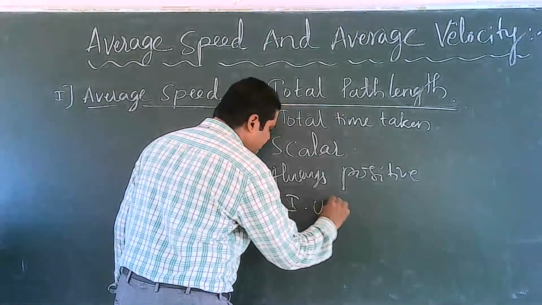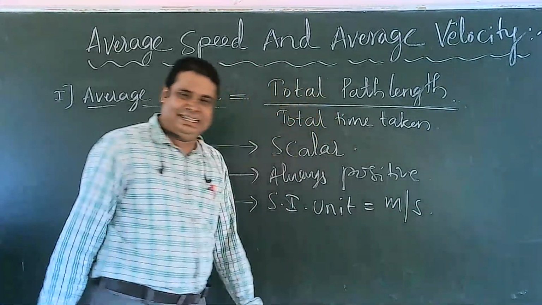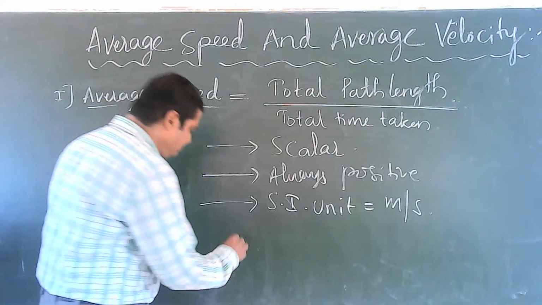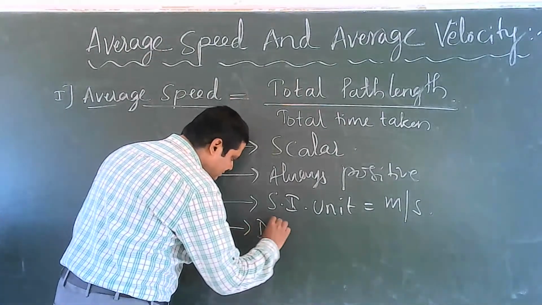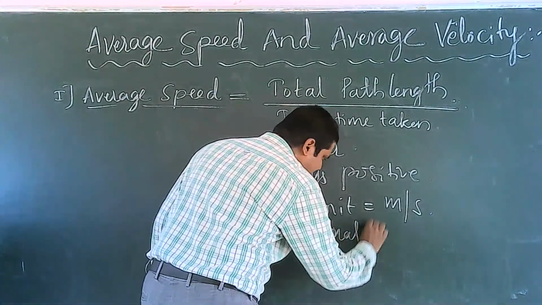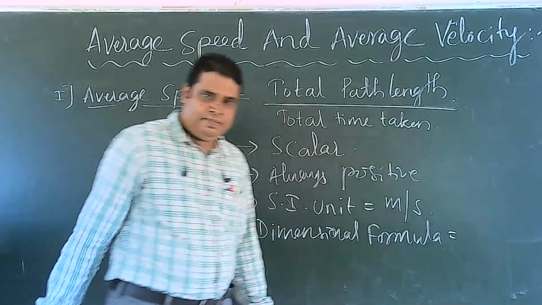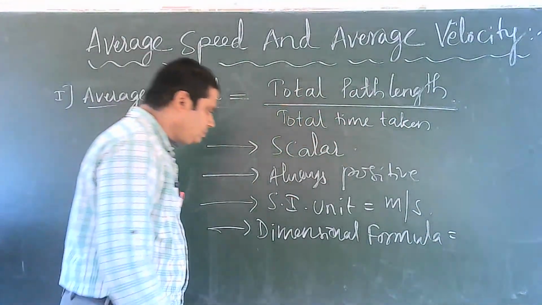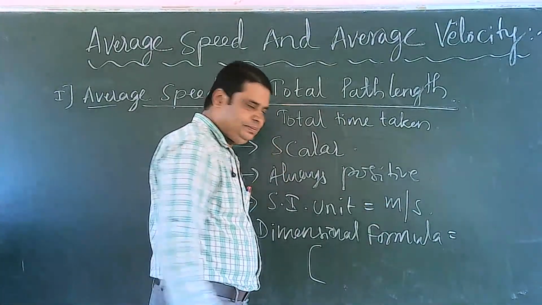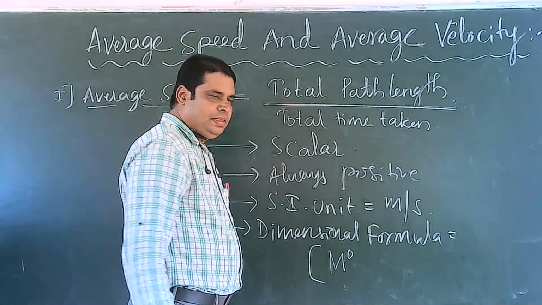SI unit, we have discussed it earlier: meter per second. What is the dimension formula? Interesting. You see the dimension formula right here. Meter per second. There is no mass at all. Zero in mass.